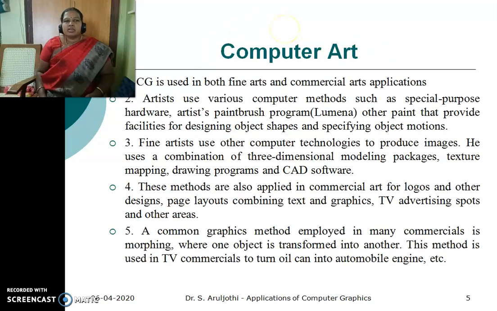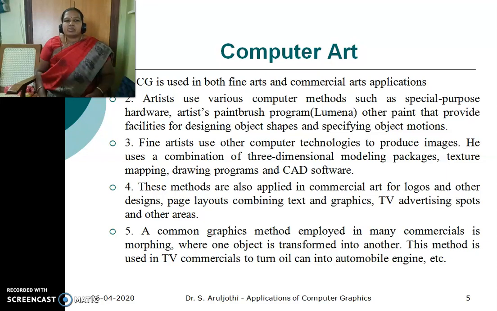Next one is computer art. The computer art consists of two types. They are fine art and commercial art. Fine art is nothing but the arts used by artists. They are not for financial or commercial purpose. They draw diagrams and use for their own purpose. They use some object shapes and specifying object motions to create the particular arts.